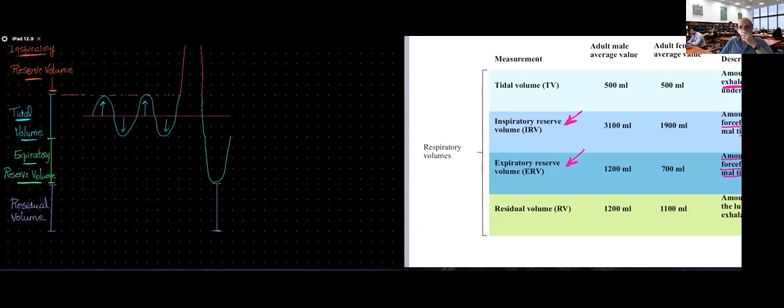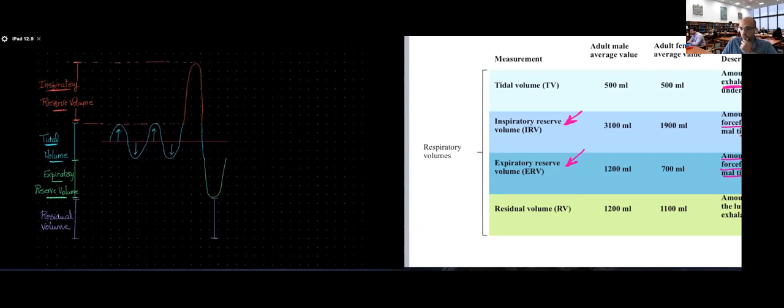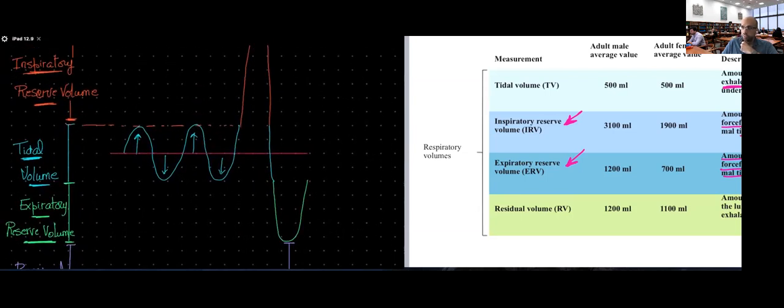All right, so again, what am I looking at here? I'm looking at the lung volumes. The amount of air that I'm breathing in and out during rest in quiet breathing is my tidal volume.